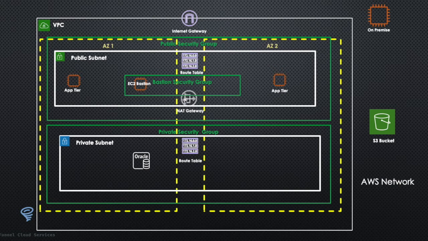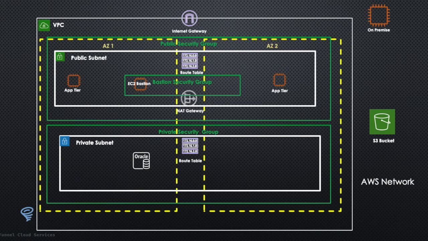And that allows you to do things like yum updates. If you're on-prem right now and you Google what's my IP address, you and your neighbors probably have the same IP address, and that's because you're going through a NAT gateway. And we'll be leveraging an S3 bucket to take the data that we're going to push from my on-prem over to the Oracle database.